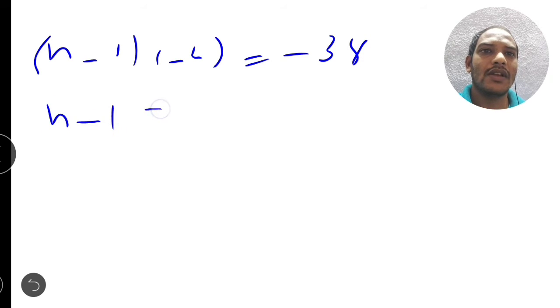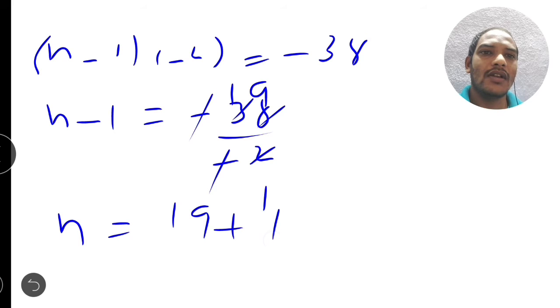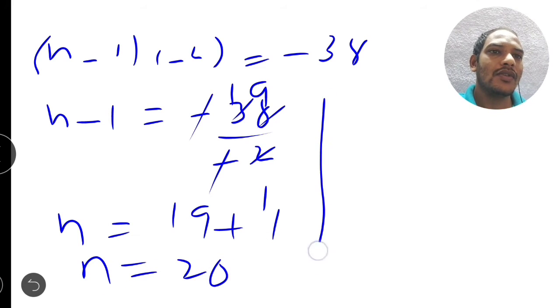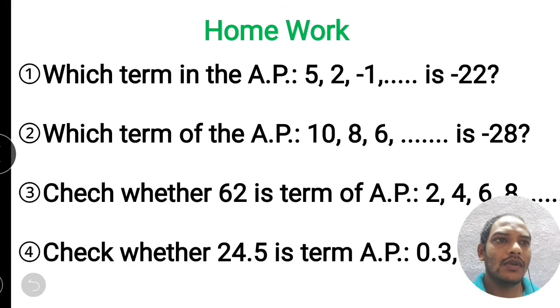Then N minus 1 equals minus 38 by minus 2. So minus minus cancel, 2 ones are 2, 2 nines are 18. Then N equals 19 plus 1, N equals 20. So therefore the 20th term of the given AP is minus 28. So the conclusion you have to write.